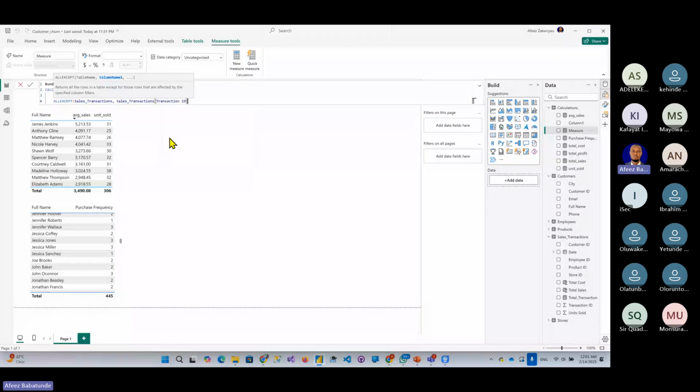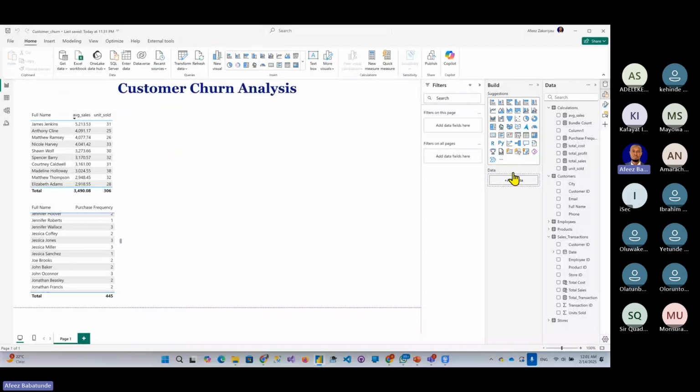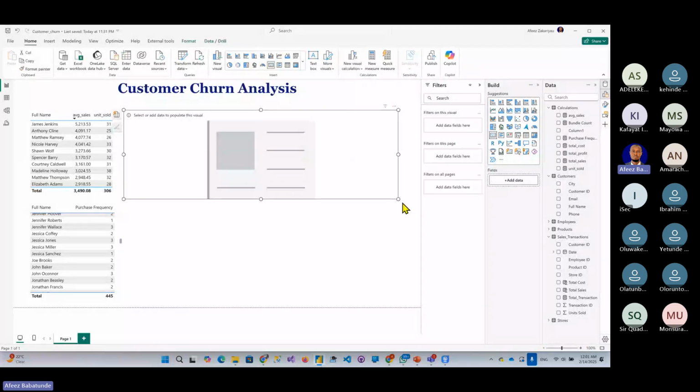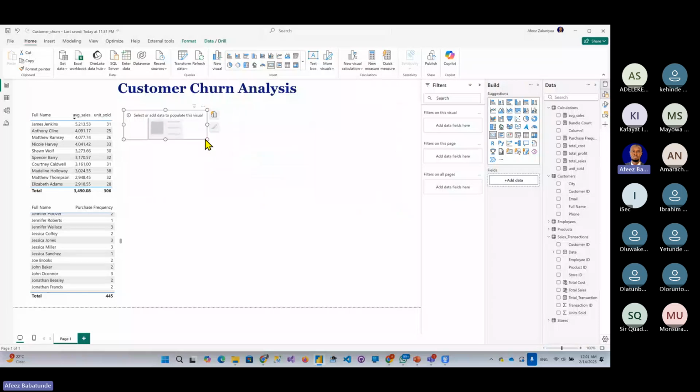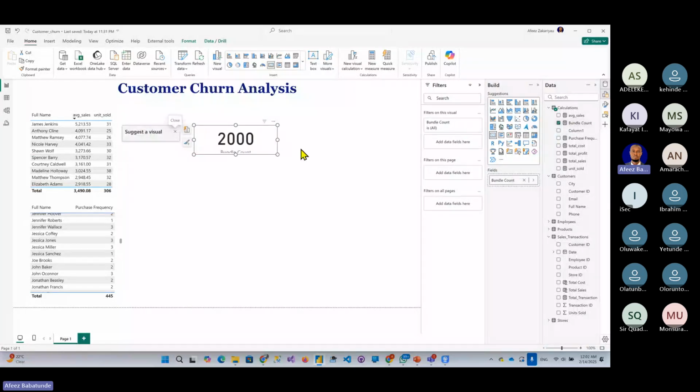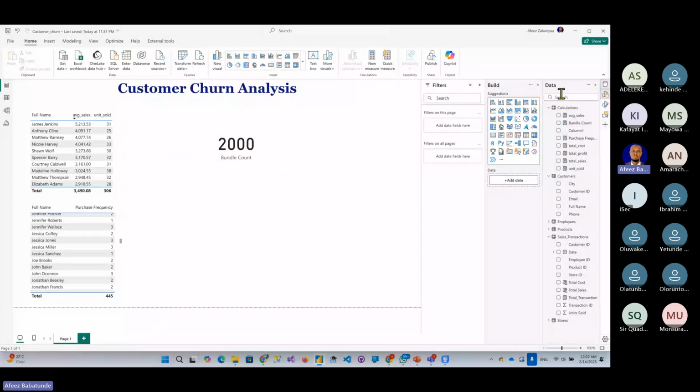Then you close this. Let's see what we have. I want to see if this formula will give me the same thing as distinct count of transaction ID, so that we do not stress ourselves. I have 2000 count. So let's count distinct transaction ID.